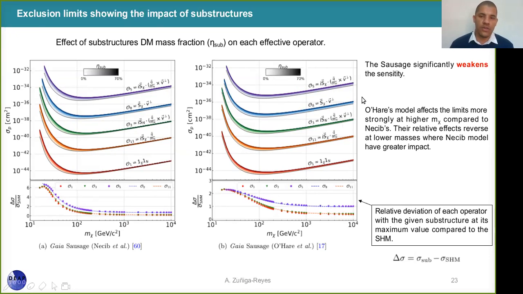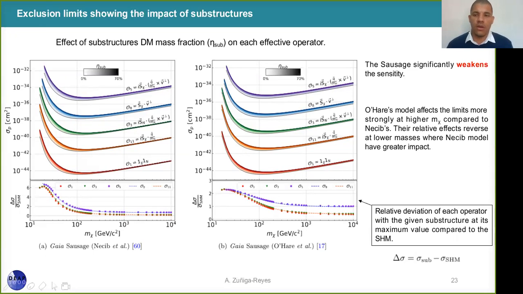And this is because these operators are sensitive to the velocity distribution that we are using. Okay, for this particular case of the sausages, they significantly weaken the sensitivity, as you can see, because they have less particles in the tail of the velocity distribution, less high speed particles.